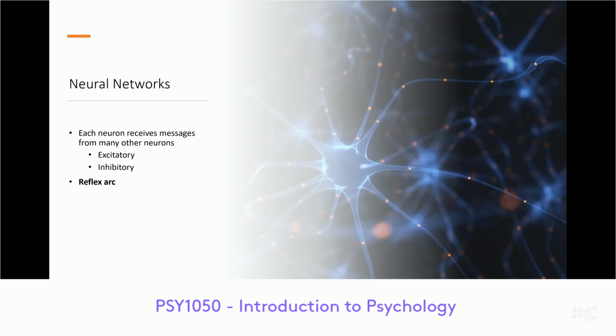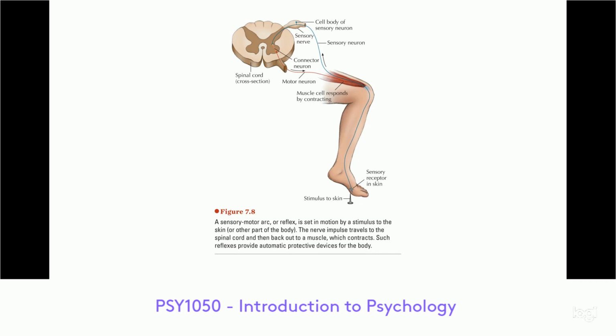And part of this neural network is the reflex arc. So the reflex arc basically is when we have something negative that the nerve is experiencing, and instead of having to send that pain back up to the brain to have it all computed to figure out what's going on, what happens here is that message just goes to our spinal cord and then goes directly to the muscle to remove the part of the body that's experiencing the pain, right?